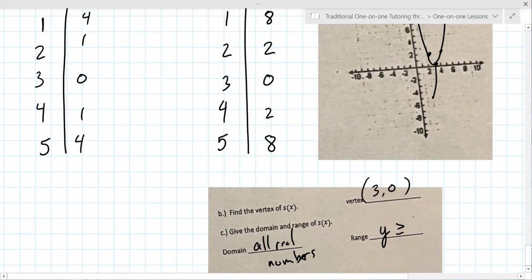See how the y value of the vertex is 0? In all of the problems we've done, this number has matched. It's great that you see that.